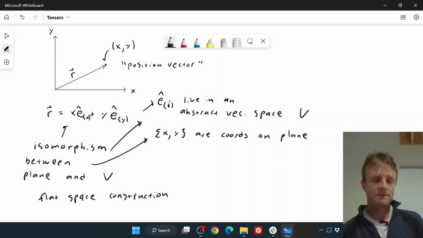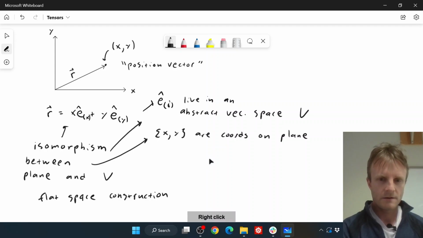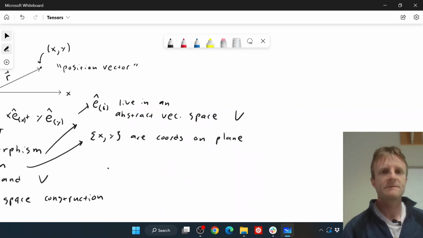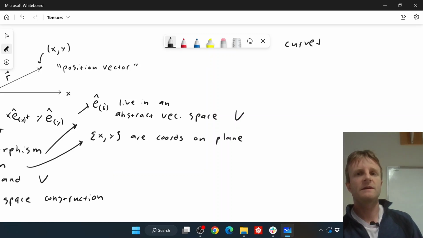in curved space. Okay. So now I'm going to draw a cartoon to see where we're going, of a curved space. And I'm going to think about a sphere.